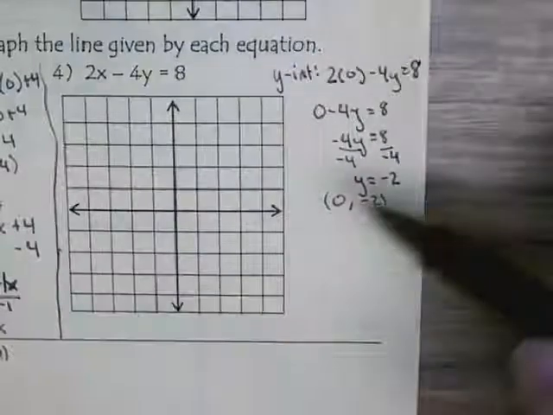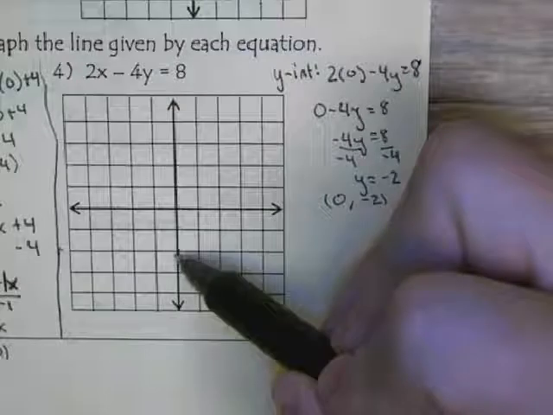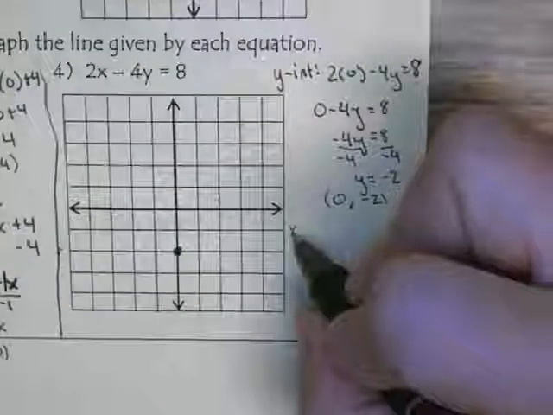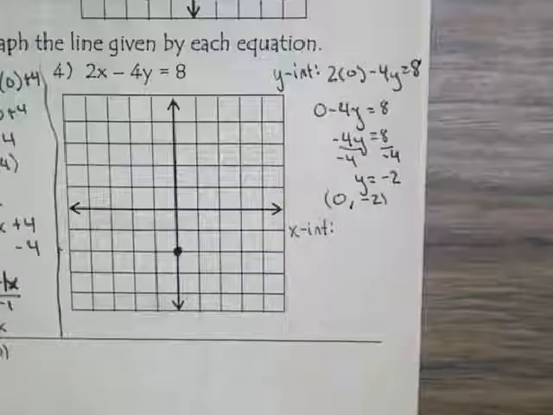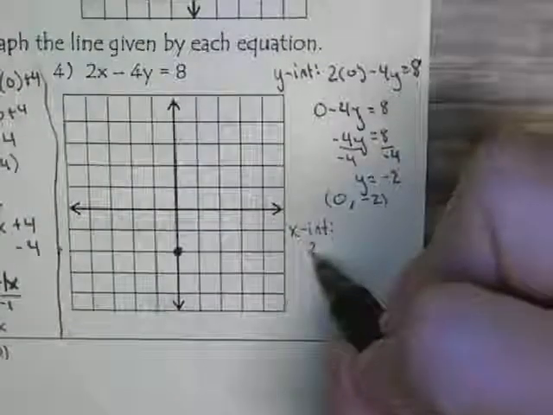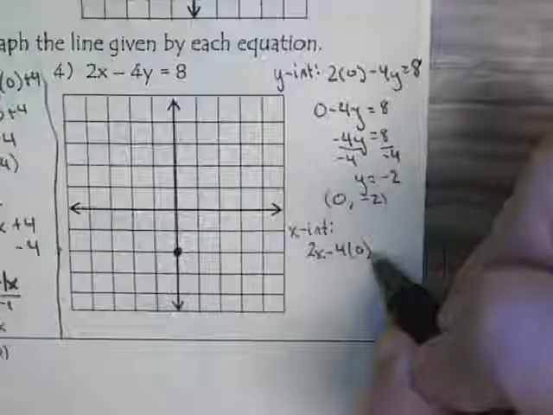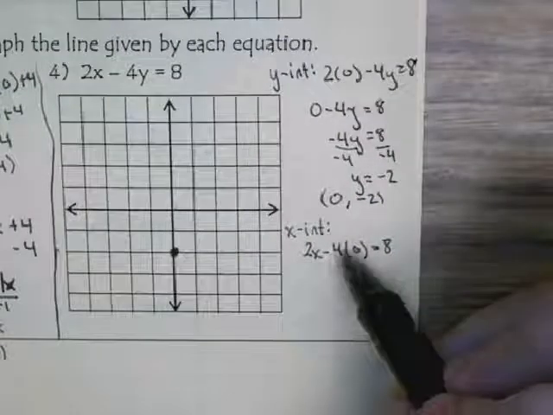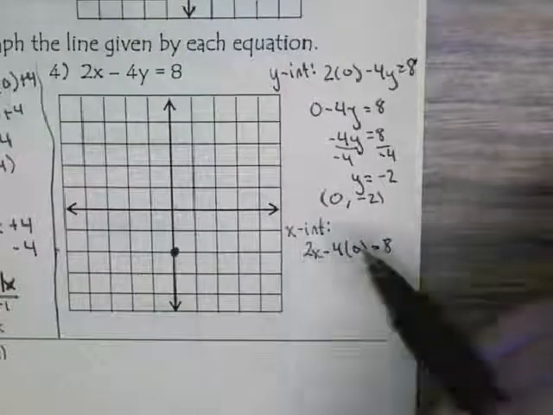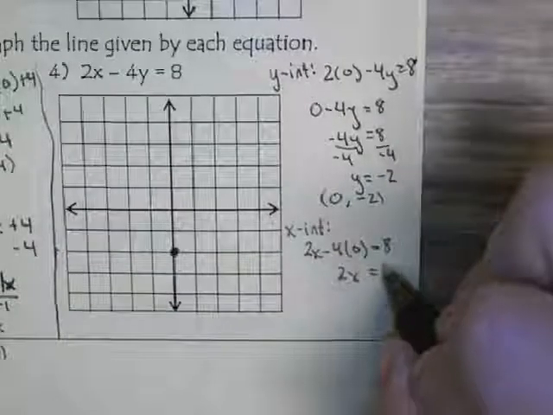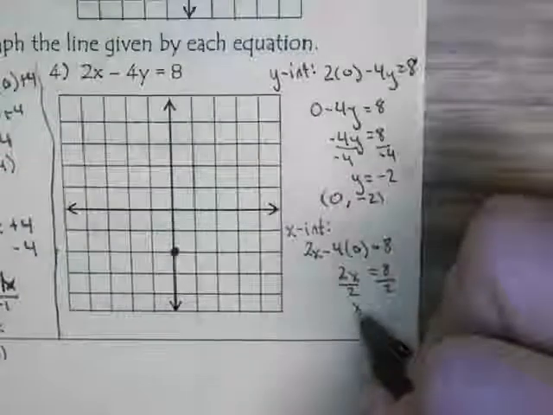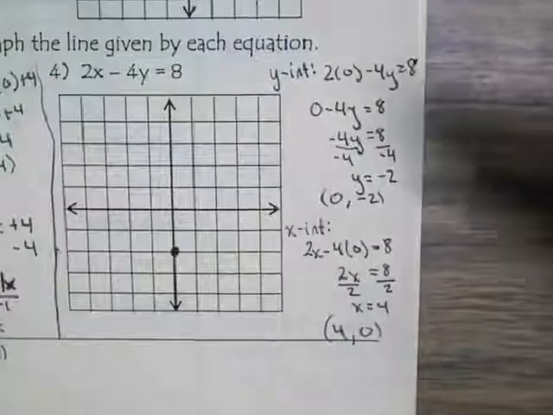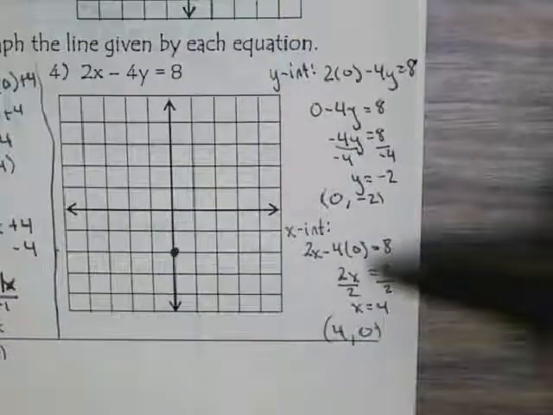So I can go ahead and plot that point, go down 2, and my x is 0. Let's find the x-intercept. Well, we know that's when y equals 0, so I can say 2x minus 4 times 0 equals 8. Well, 4 times 0 is 0, then I can say 2x minus 0 is 2x equals 8. Divide by 2, and we get x equals 4, or the point 4, 0. Plugging in 0 for y, and I found x is 4.